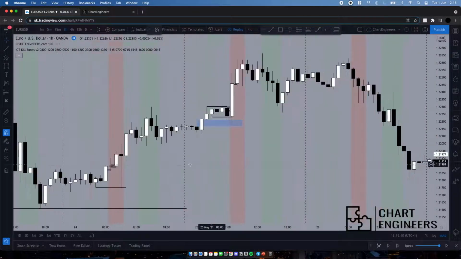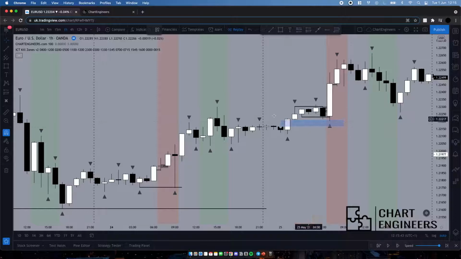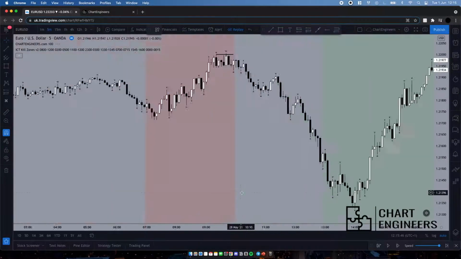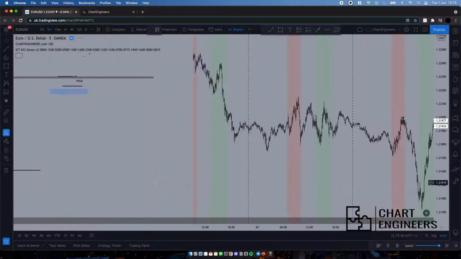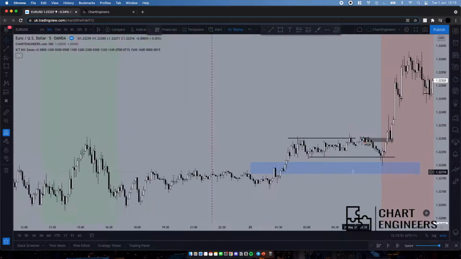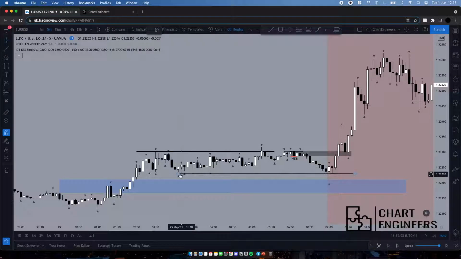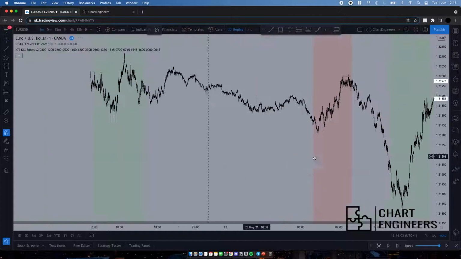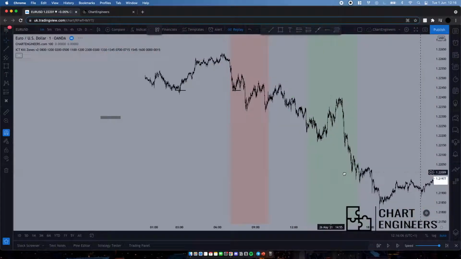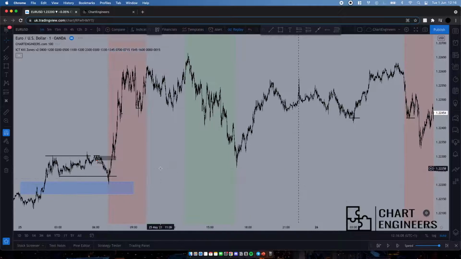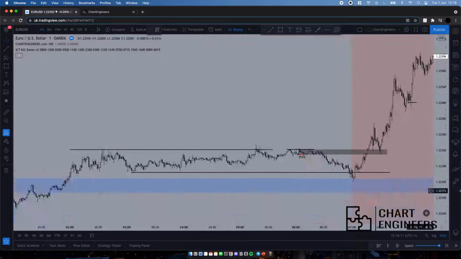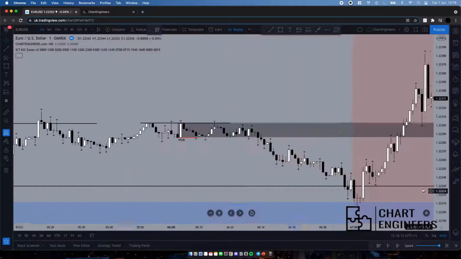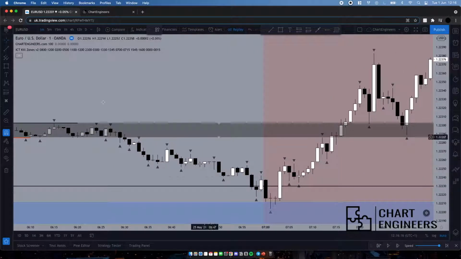So like I said before, we had this H1 fair value gap, and we had a raid into it. So the M5 raid into the fair value gap, so this low, we raided it inside the FVG. So M5 raid over here.